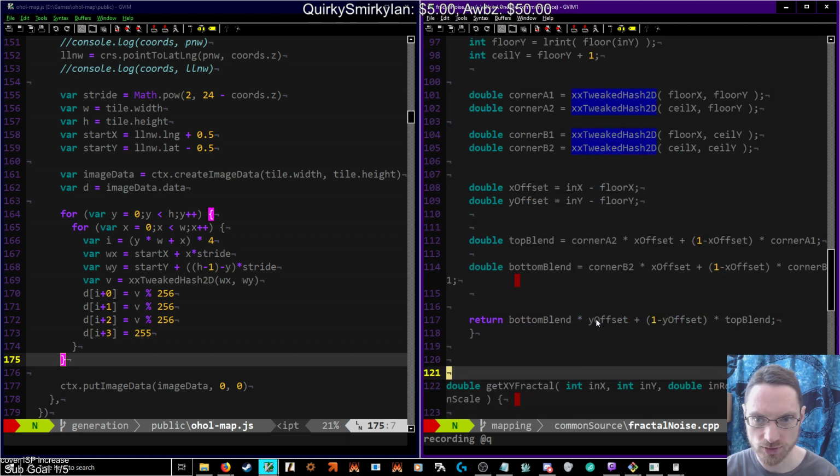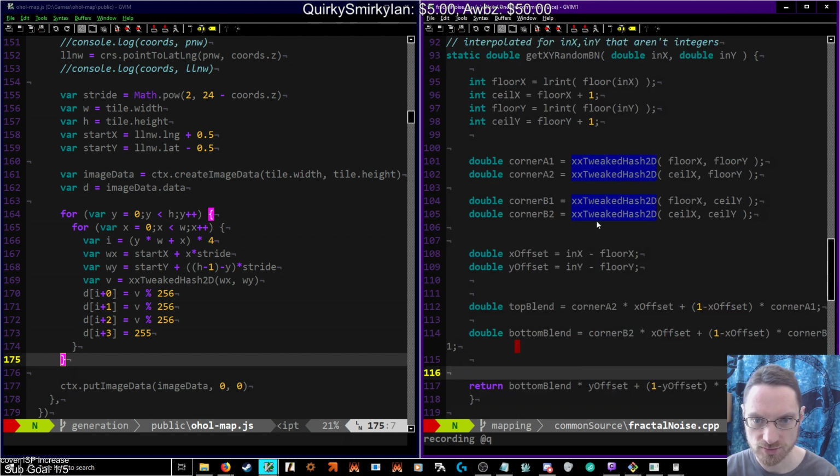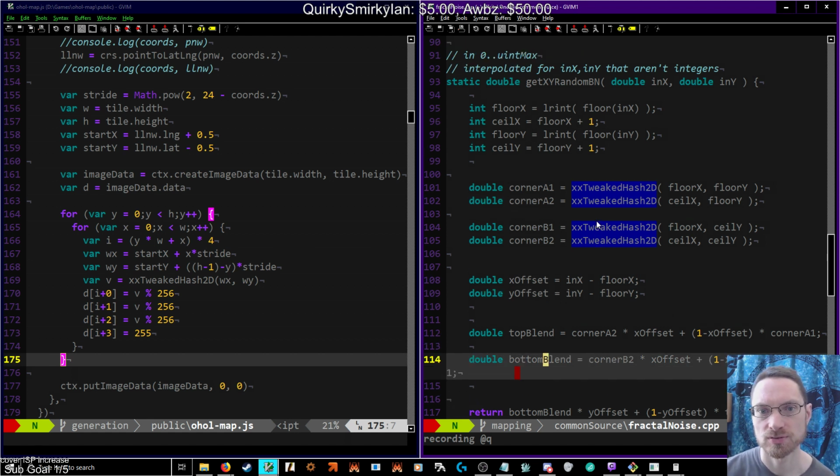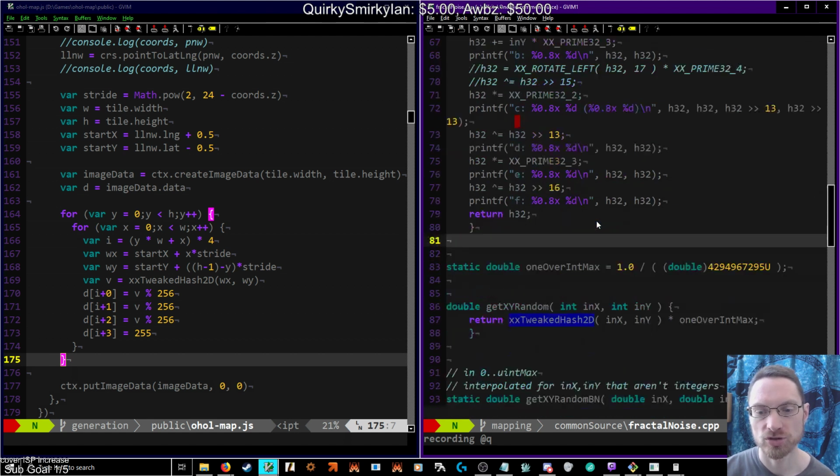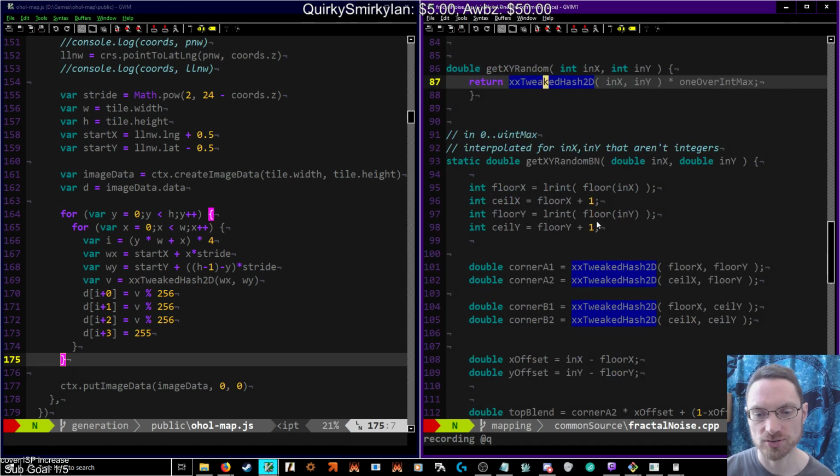Oh, and this is the one over int max again. XY random bounded, interpolated for in x, in y that aren't integers. Oh! This is strict integer.